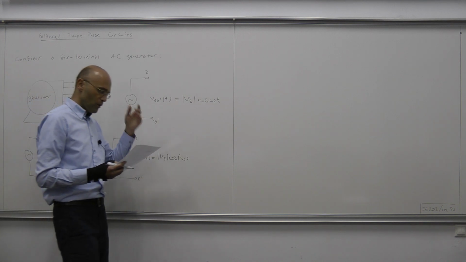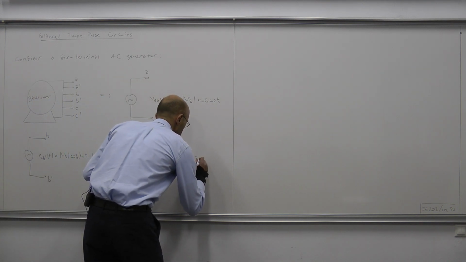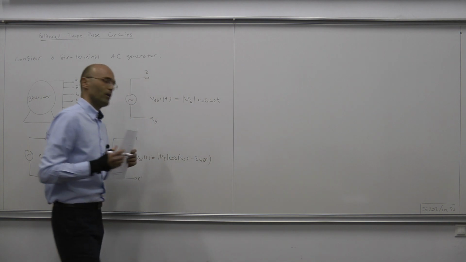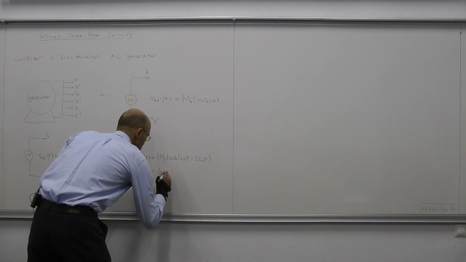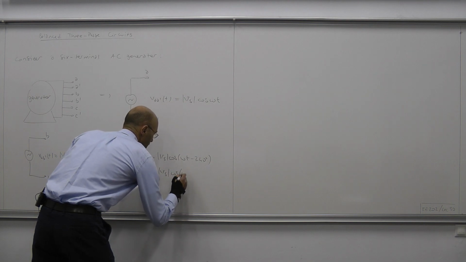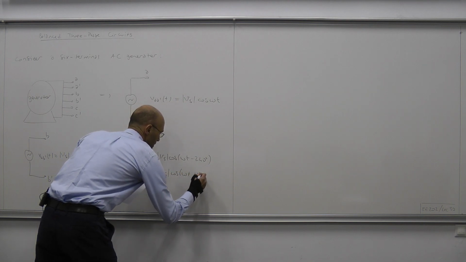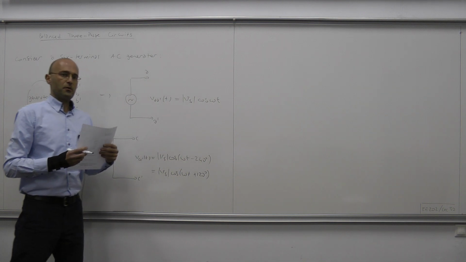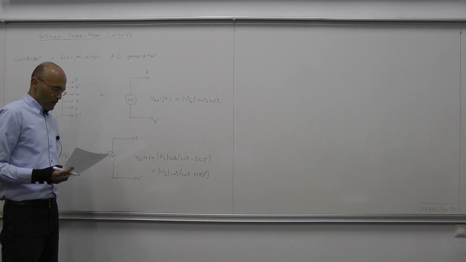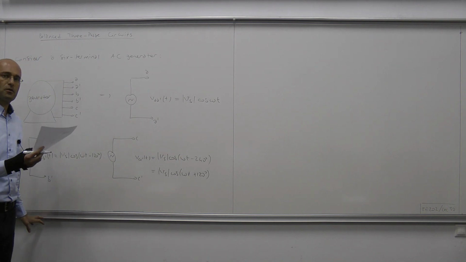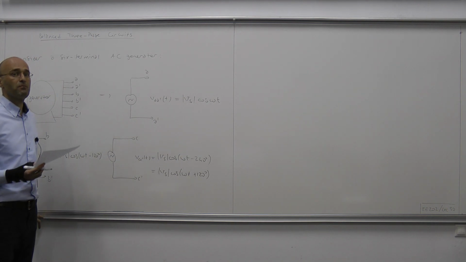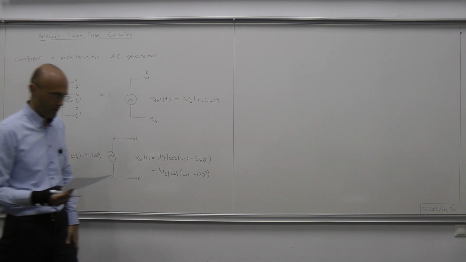So that makes cosine omega t minus 240 degrees, which is clearly equal to Vs cosine omega t plus 120 degrees. Okay, so these are all sinusoidal signals. So let's talk about their phasor representations.